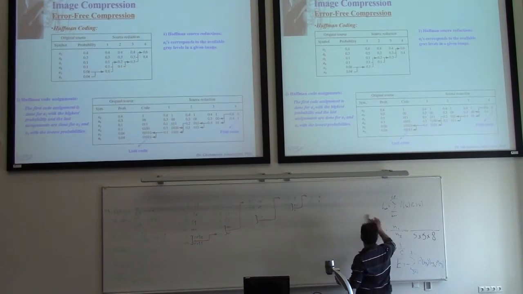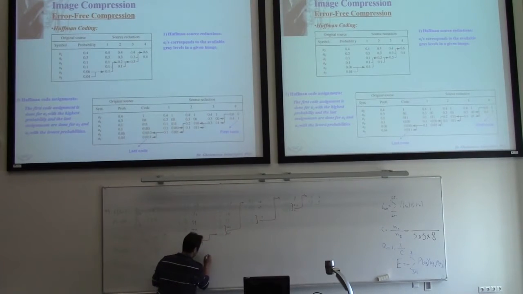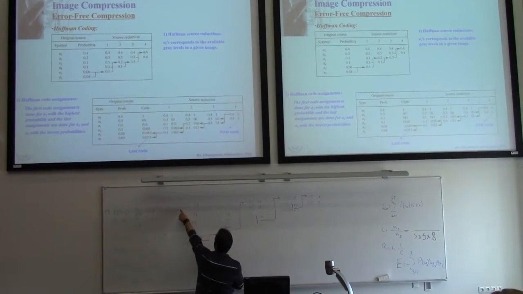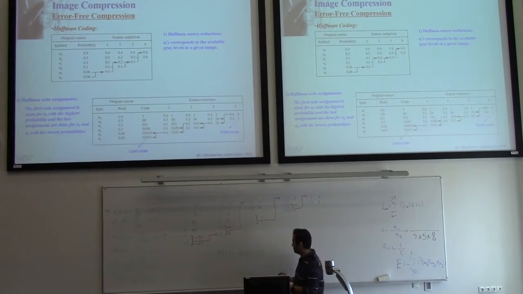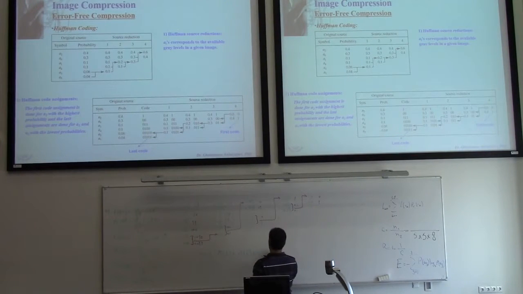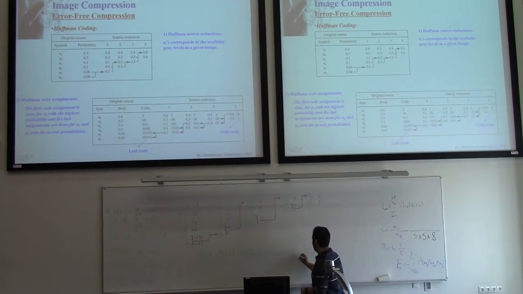And for the average length of the values, we can write: average is equal to 0.28 multiplied by 2, plus 0.2 multiplied by 2, plus 0.2 multiplied by 2, plus 0.16 multiplied by 3 bits, plus 0.12 multiplied by 4, plus 0.04 multiplied by also 4.